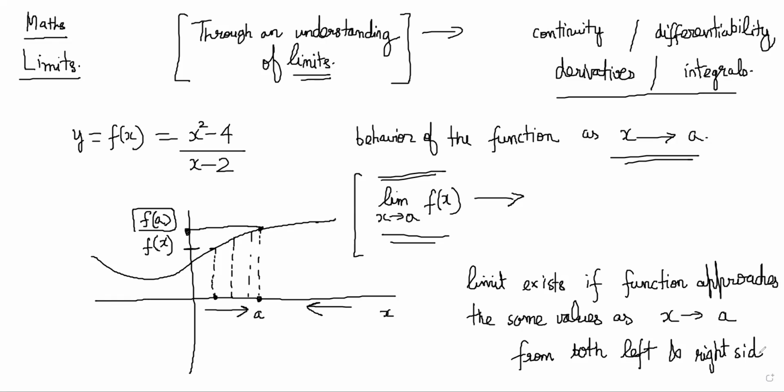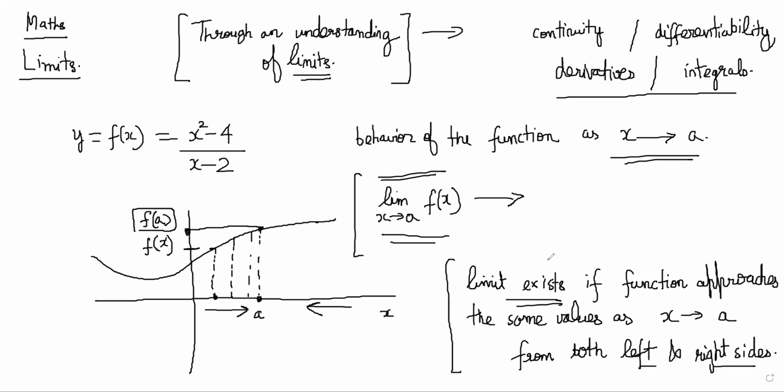So we need to understand the meaning of this left and right sides. Basically, you can have x less than a and becoming bigger, or x greater than a and becoming smaller. And what is the value of the function approaching? That is the limit. But the limit is said to exist only if both the tendencies are matching.